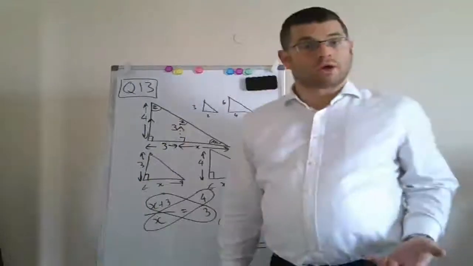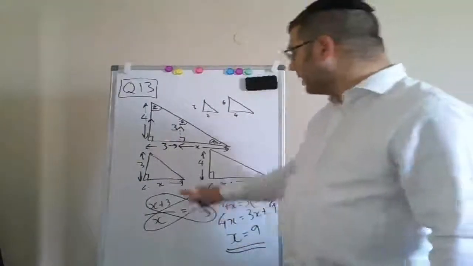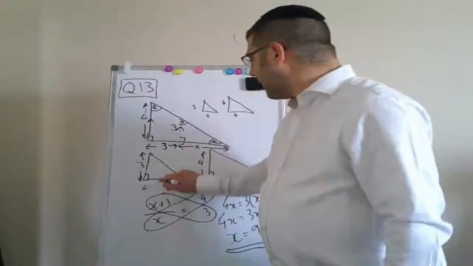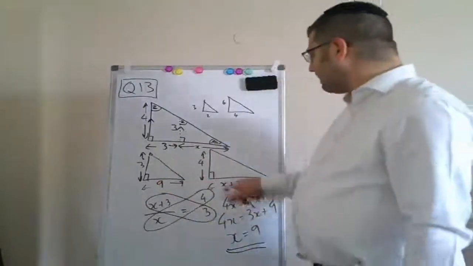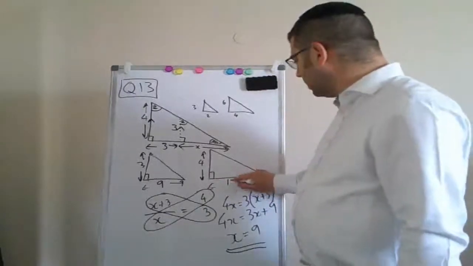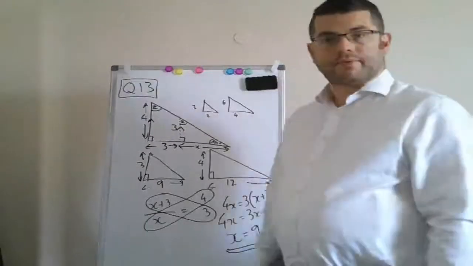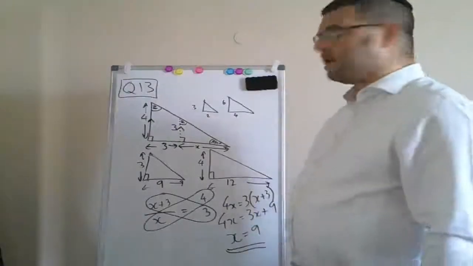I've come up with the answer of 9. Let's see if it works. Let's put x back in. If x is 9, then that allegedly would be 9. And if x is 9, you have to add 3 to it, so it's 12. Okay? So let's see, do we have a common scale factor?